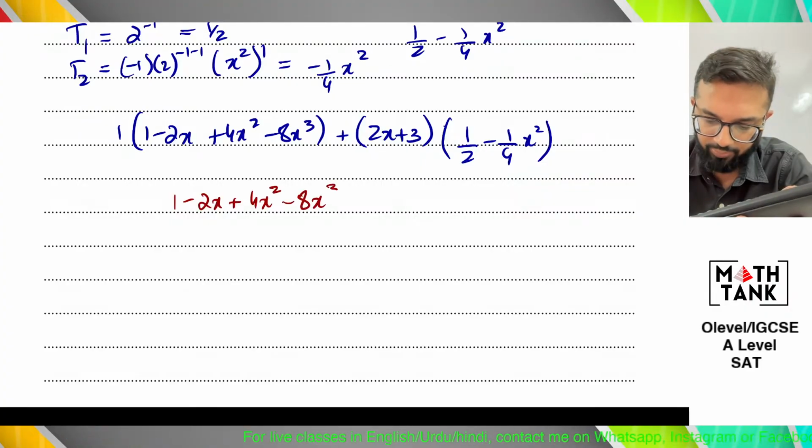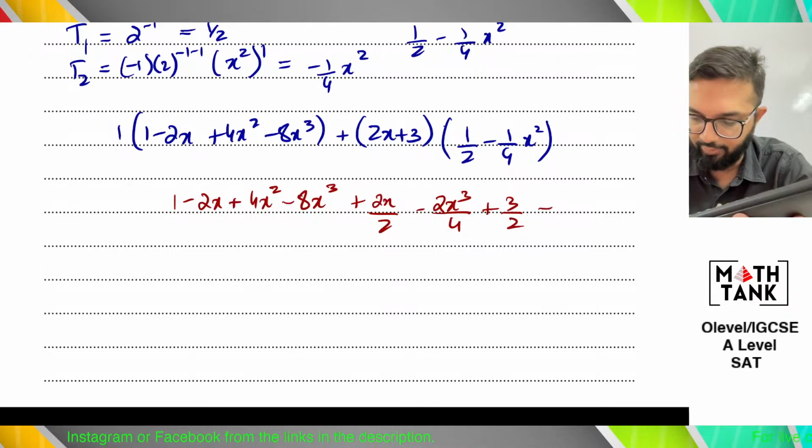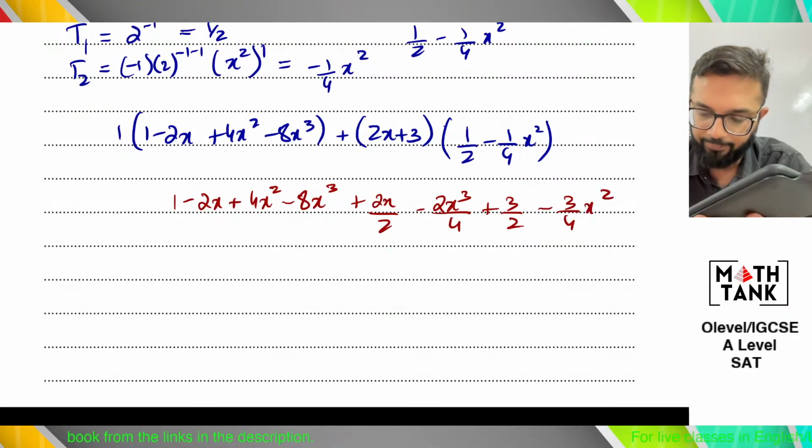Let's multiply these together. 2x over 2 is this, 2x cubed over 4, plus 3 over 2 minus 3 over 4x squared.